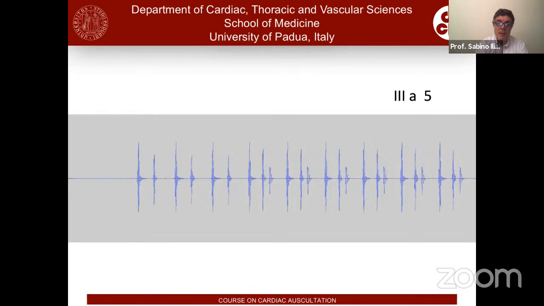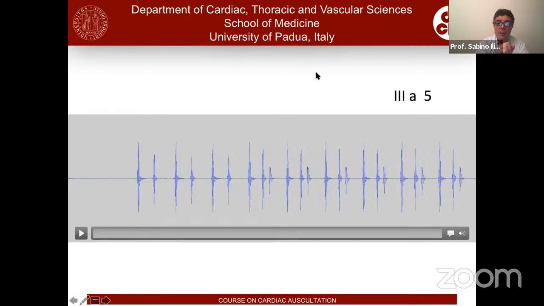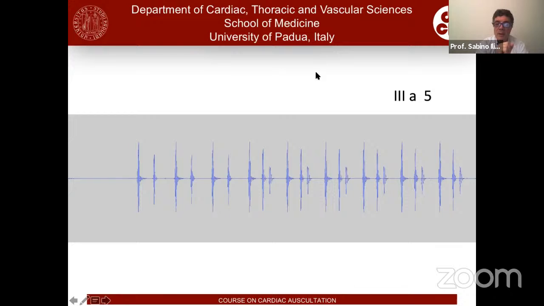So when in mitral regurgitation you appreciate a third sound, it is an indirect indicator of severe mitral regurgitation.